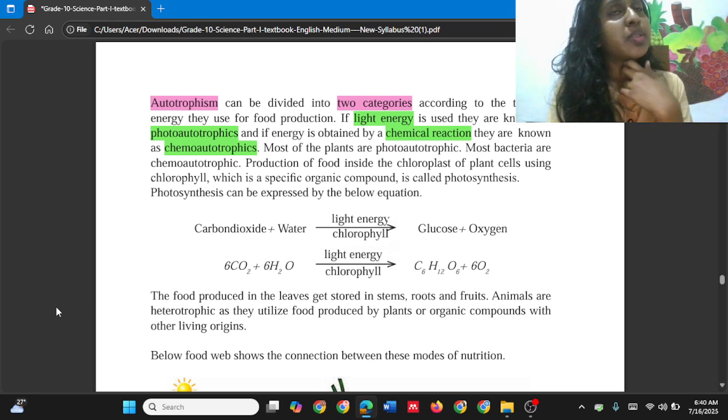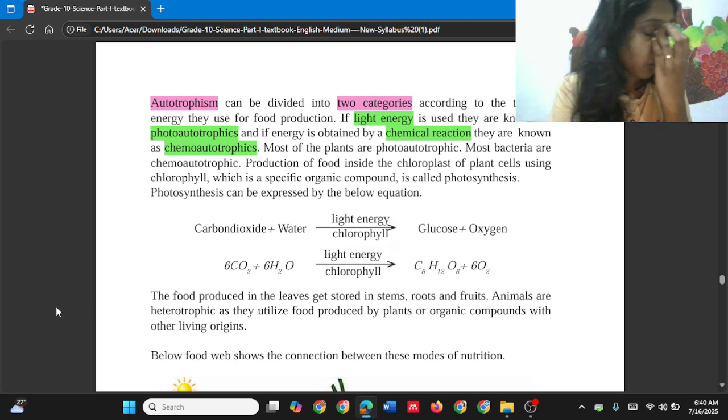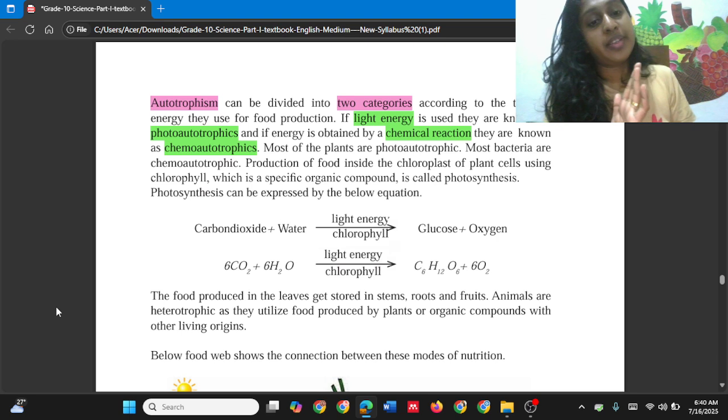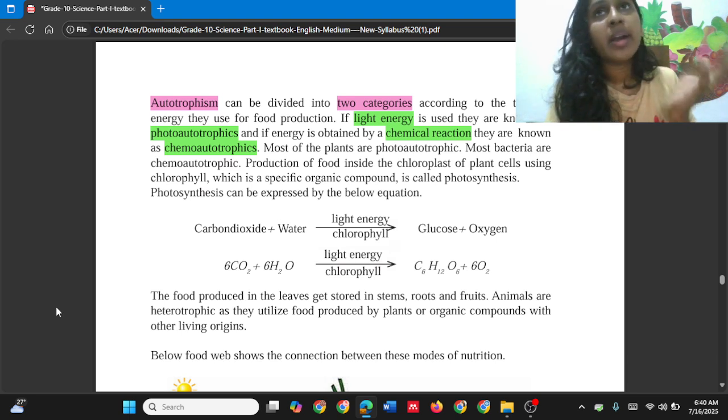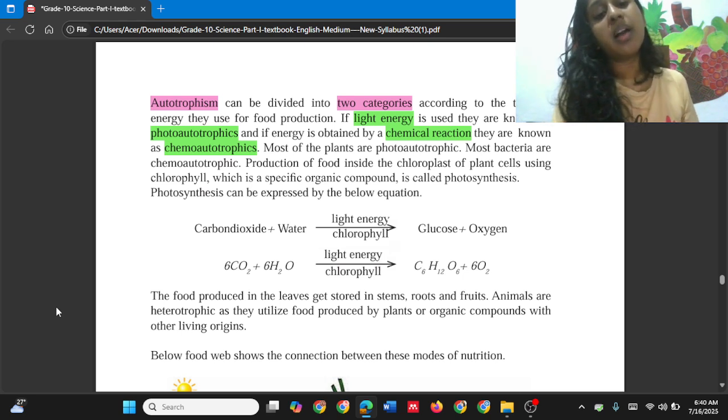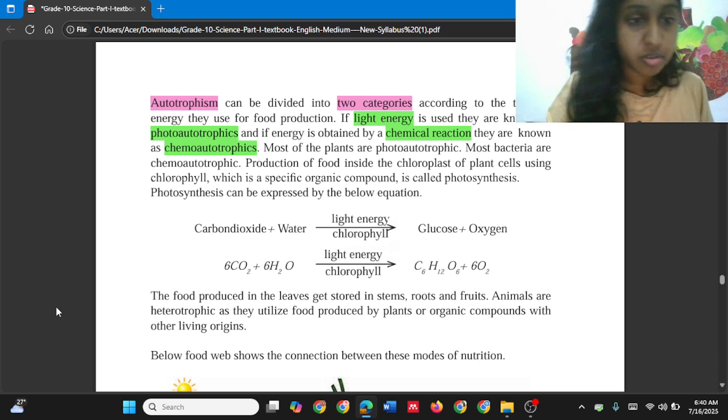They produce it themselves. Until now you only knew about photoautotrophs, the ones with chlorophyll like plants that produce their own food. But the real thing is there are two types of organisms that produce their own food: photoautotrophism and chemoautotrophism.